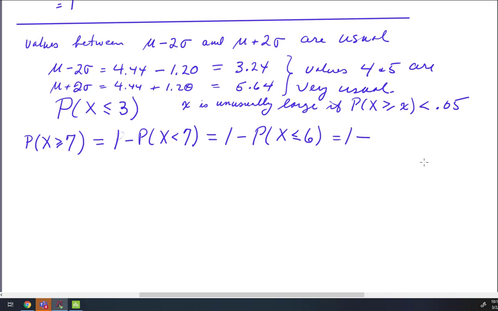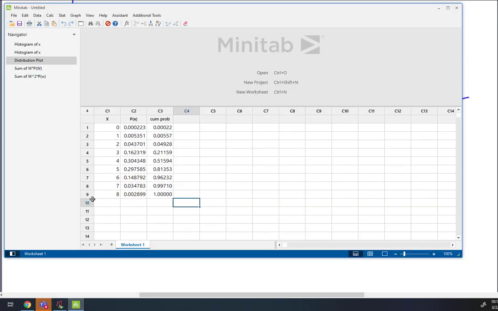What is the probability X is less than or equal to 6? Well, lucky for us, we've got the cumulative probability distribution. So here I find 6, and I see that that is 0.96232, the probability X is less than or equal to 6.